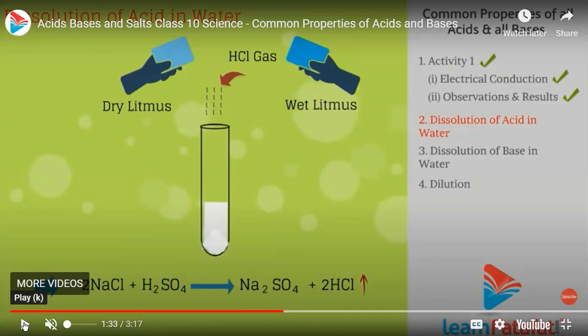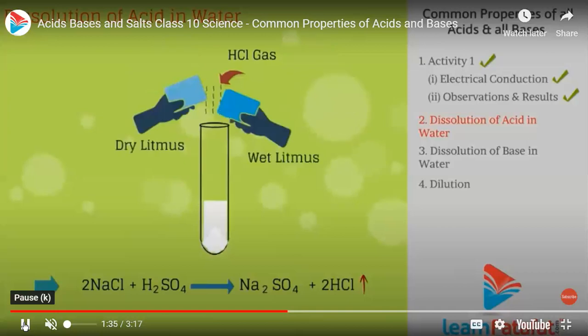Which one will turn red, you will come to know. Also, you'll come to know the reason why only one litmus paper turns red. So I'll just show it to you.